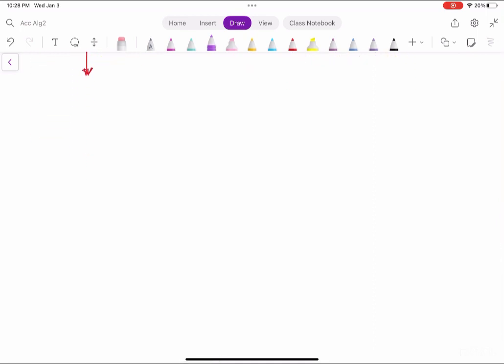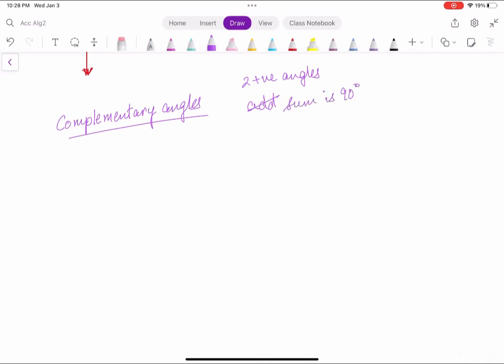Now, you might remember something called complementary angles and supplementary angles. Complementary angles, as the name suggests, complement each other. That means when two positive angles sum up to 90 degrees, those are called complementary angles.